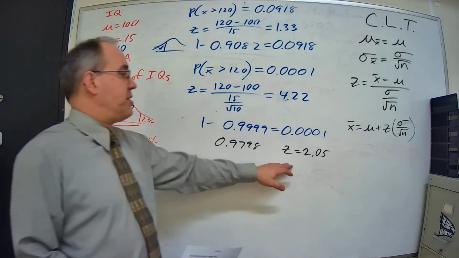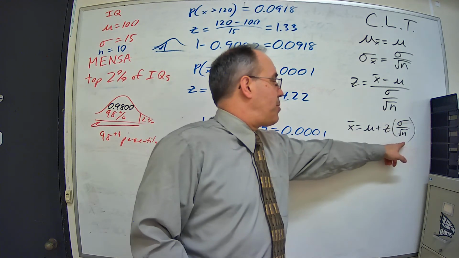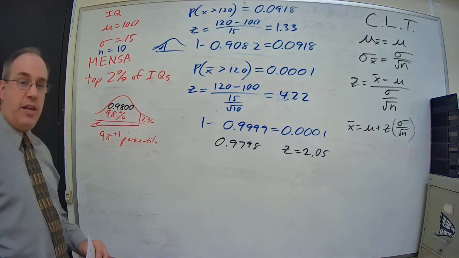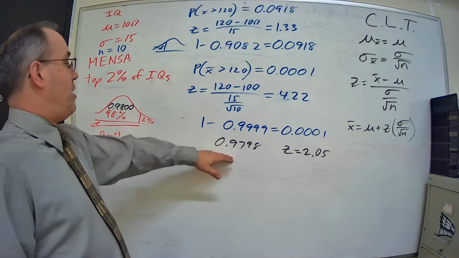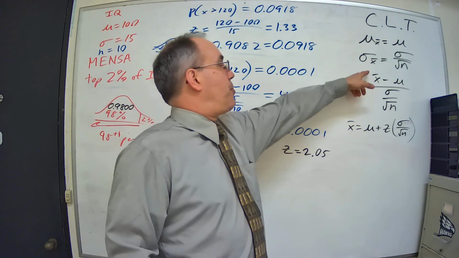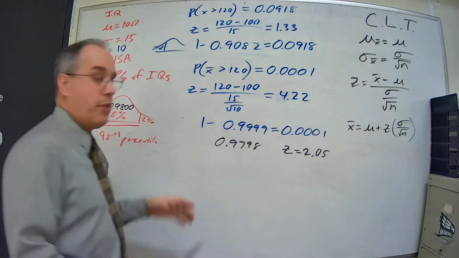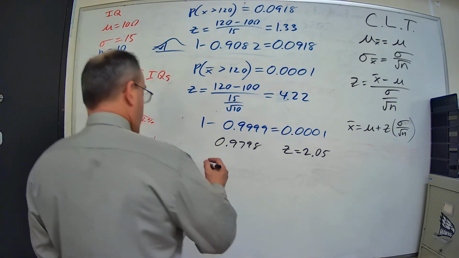So now I have the z-score, I have mu, I have sigma, I have my sample size. Actually, I'm in the basic thing of, let's plug it into our reverse transform.